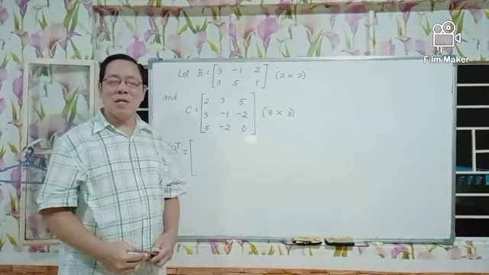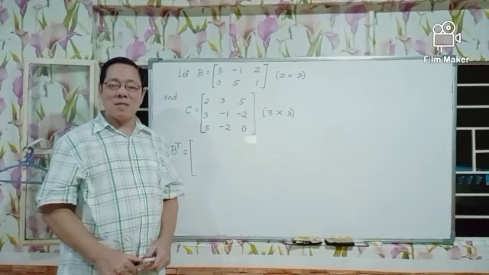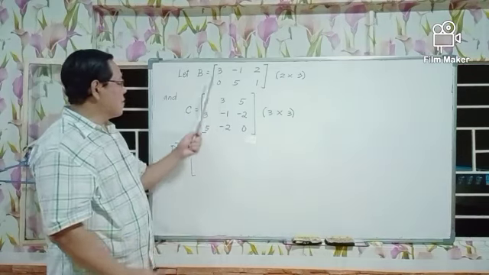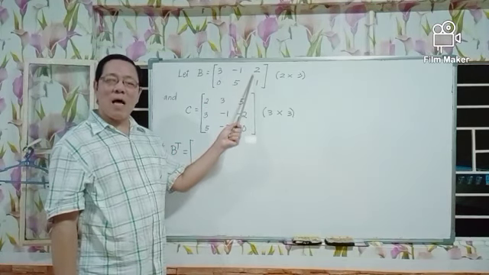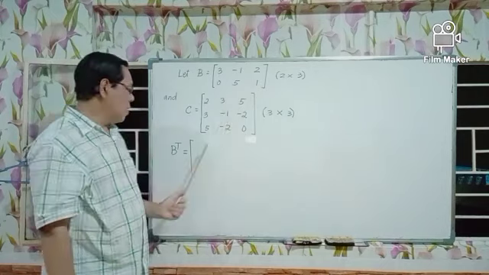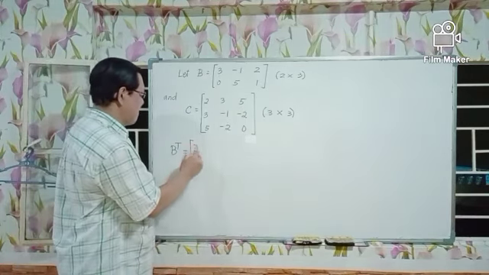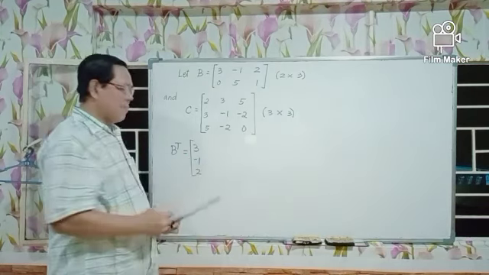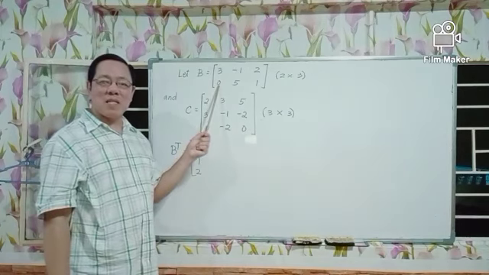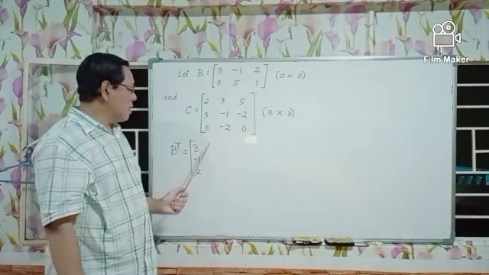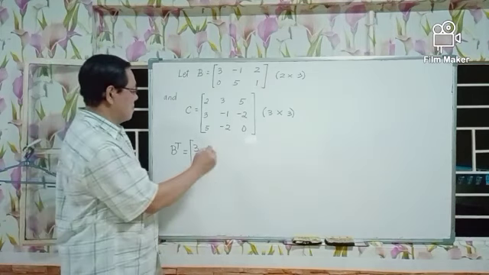As I said earlier, to get the transpose of a matrix, you write each row of the given matrix as a column. So the first row of matrix B, 3, negative 1, 2, we write as the entries in the first column of the transpose of matrix B. And the entries in the second row of matrix B, we write as entries in the second column of B transpose.